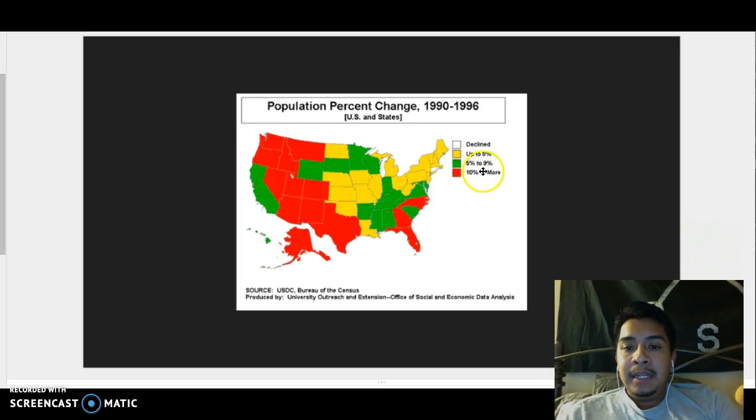As you can see right here, the different colors mean different percentages of population. It does not show us the physical features. It shows us the political features, or the states, but it doesn't tell us their names. It's more about population, and usually it'll have it labeled up here in the title.